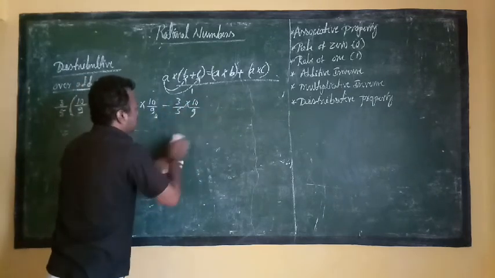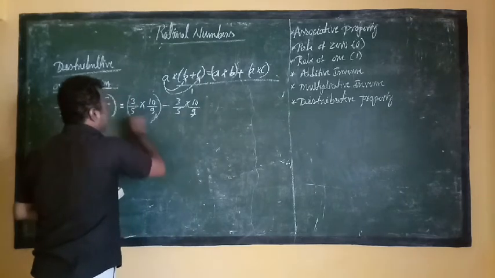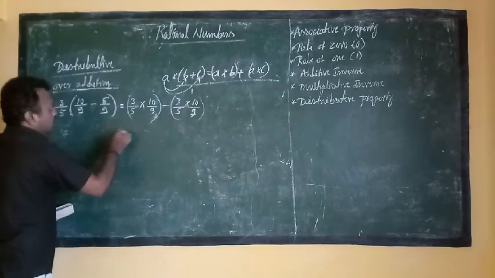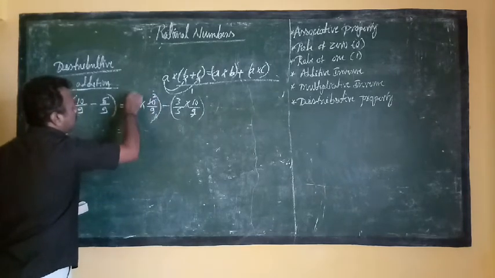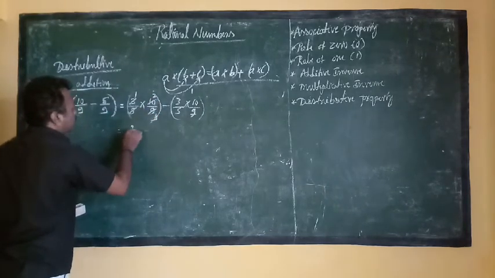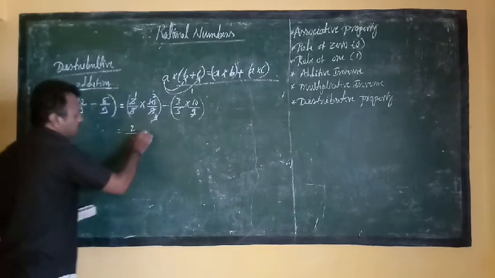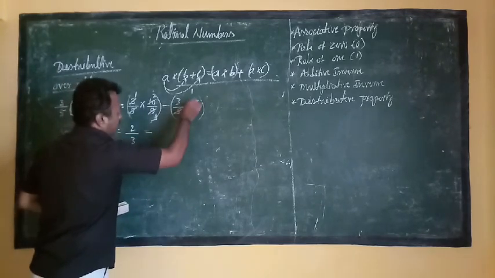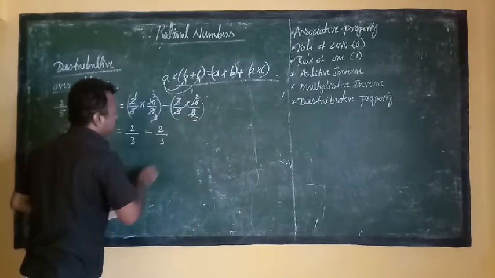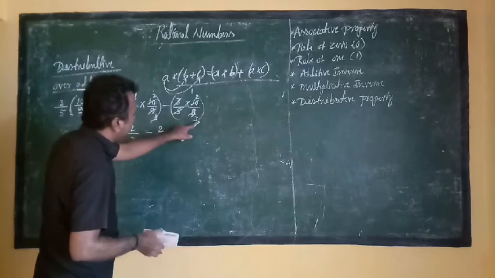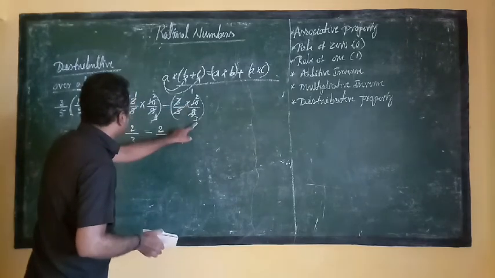Okay? So this is one sum and this is another sum. Okay, next. 5 ones are 5, 5 twos are 10, 3 ones are 3, 3 threes are 9. So finally 2 by 3 is the remaining. So minus, again 2 by 3.